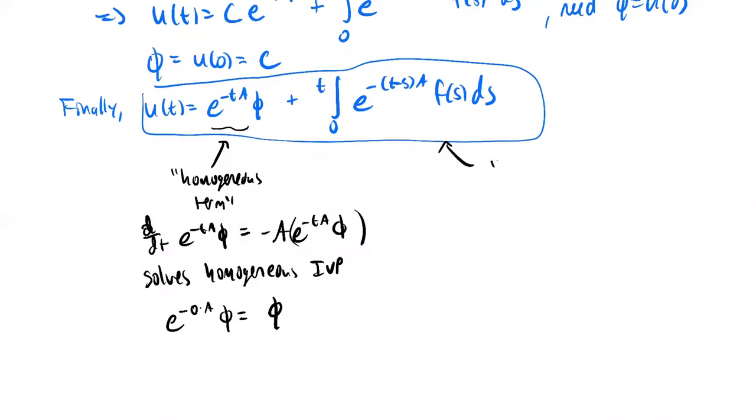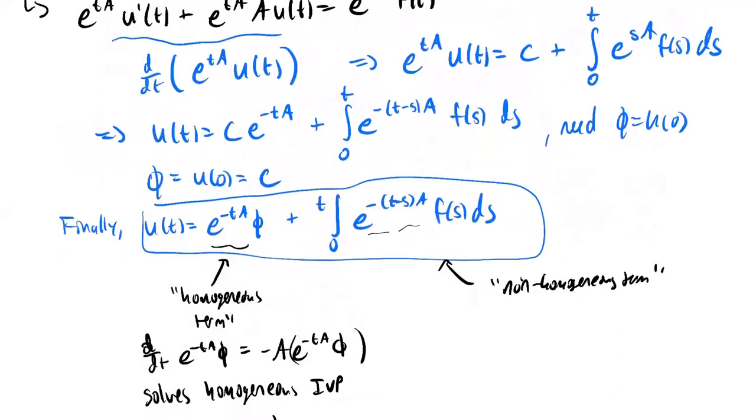And then this is like your non-homogeneous term. And so notice that, well, I have this e to the minus ta function here, but it's just been shifted by this factor s. So it's kind of like I'm applying this homogeneous term to my function f instead of phi, but I'm doing it for all previous times and then integrating from 0 to t.